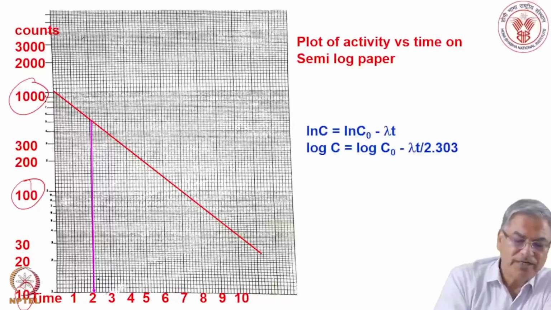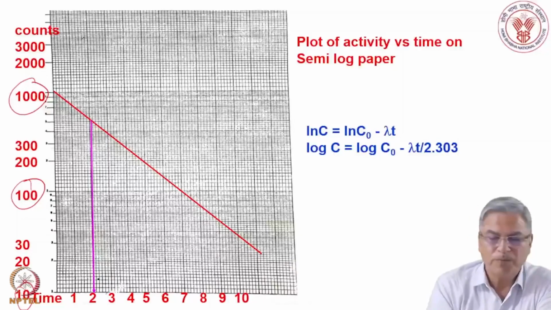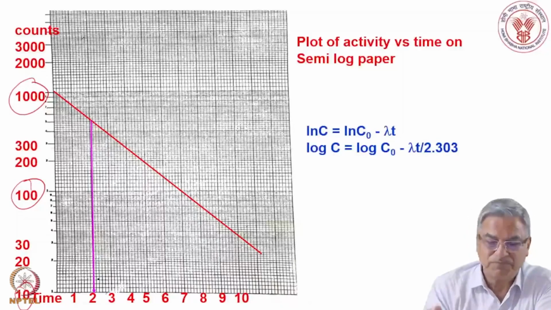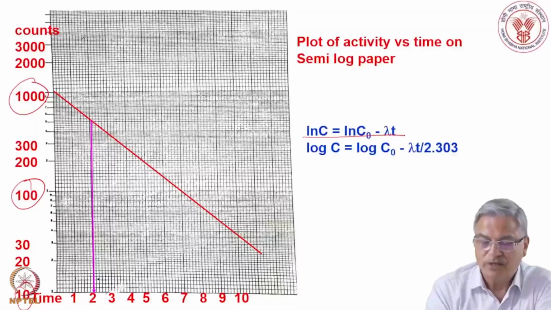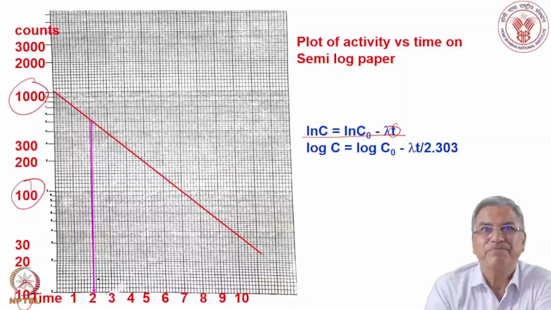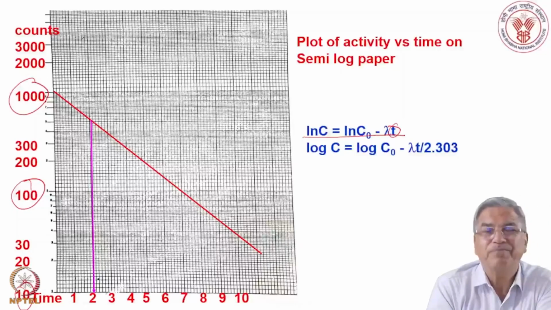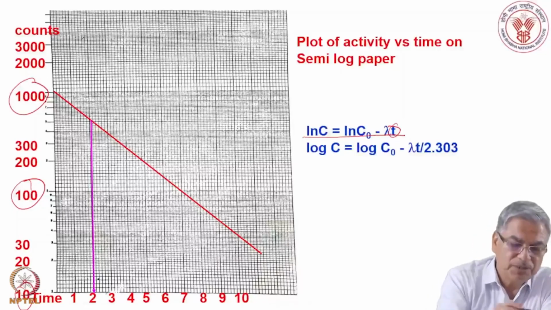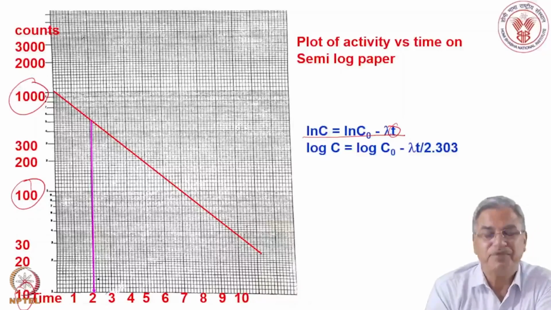What I have plotted here is the decay of a radioisotope on a semi-log paper, and as I discussed in the previous slide, even here the logarithm of the counts versus time will be a straight line. Now instead of the natural log, you plot the log to the base 10, and the logarithmic plot of activity will show straight line behavior.